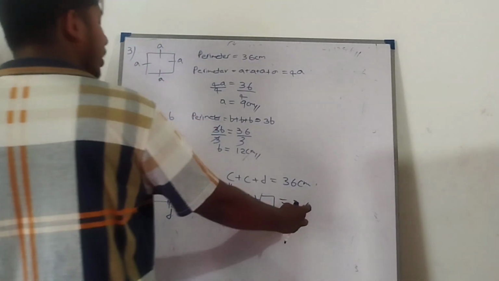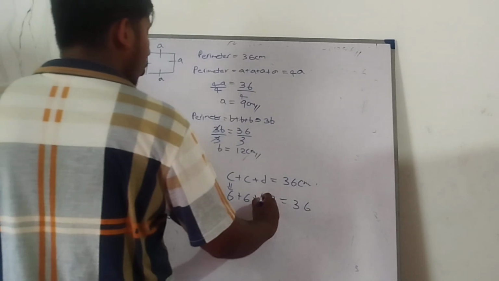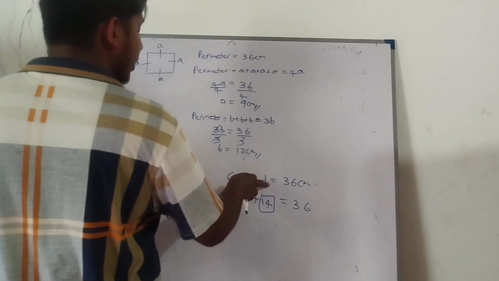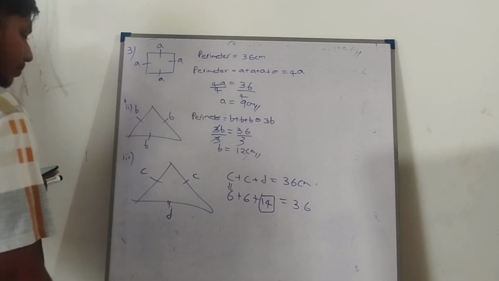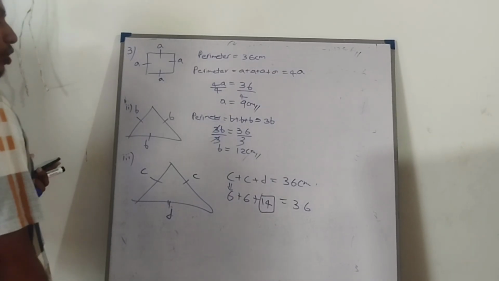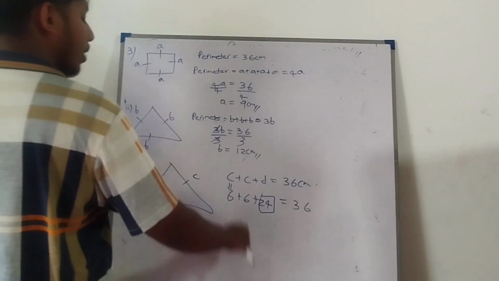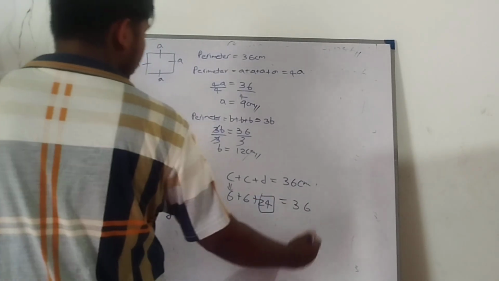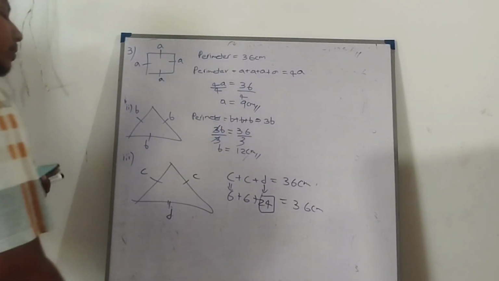Now students, from 36 if you subtract 12, you'll get 24. No, this is not 14, this is 24. You should add 6 plus 6, 12. 12 plus 24, you get the answer 36 centimeters. So D is equal to 24 and C is equal to 6.